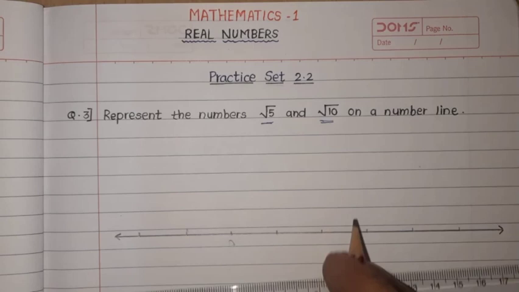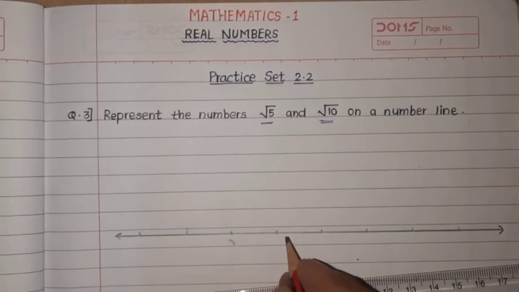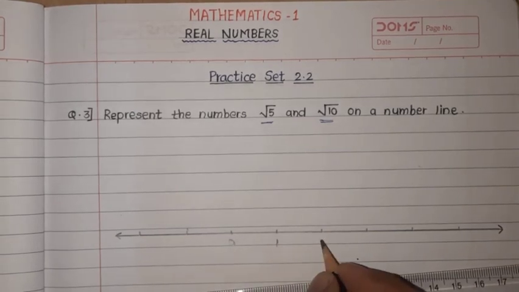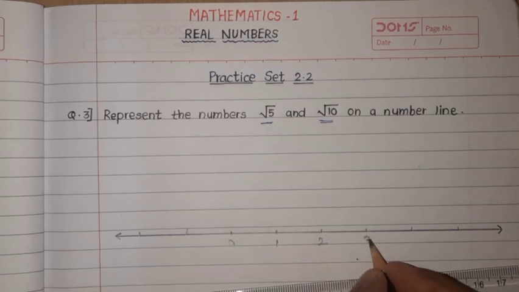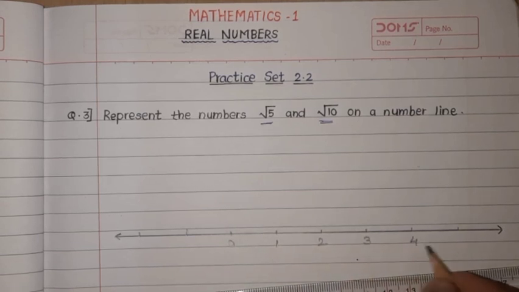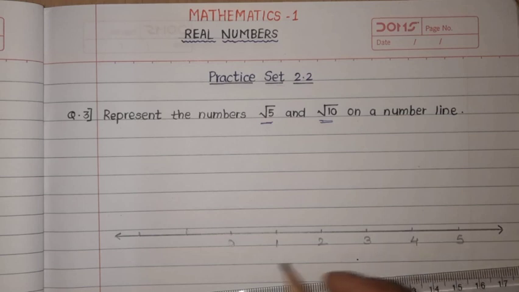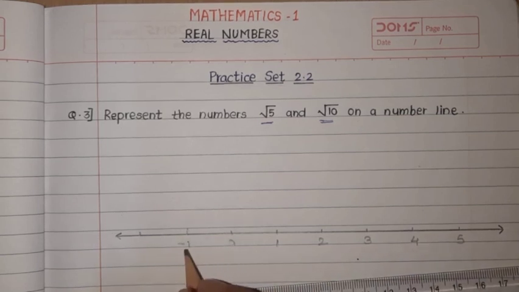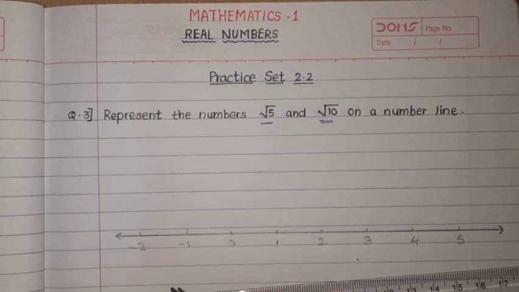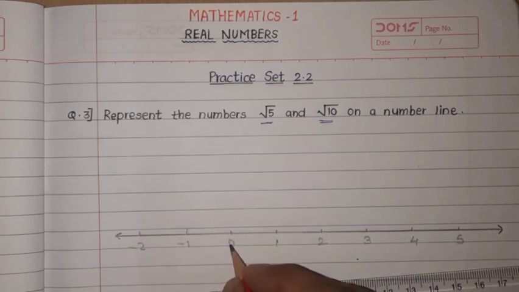On this, suppose I write here 0, then here it is 1, here it is 2, here it is 3, 4 and 5, like this. Then here minus 1 and here it is minus 2. Like this, the numbers are there on the number line.